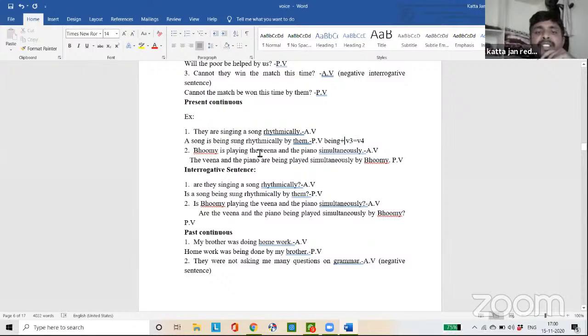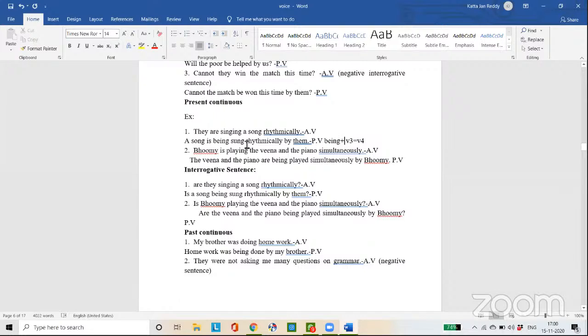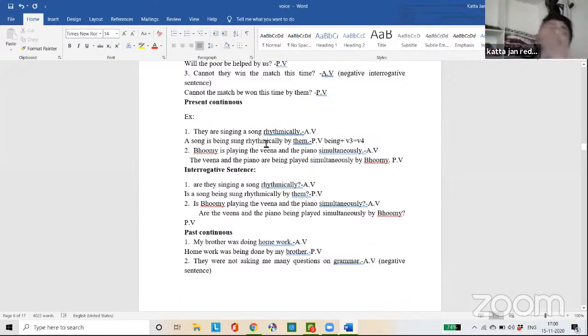See, a song is being sung rhythmically by them. Here also rhythmically is used after V3. No problem, we can very easily use this adverb after V3. It is not a word indicating time, but it is an adverb which ends with ly.